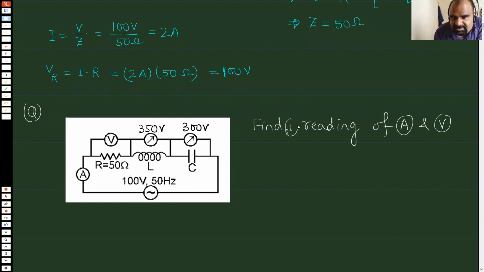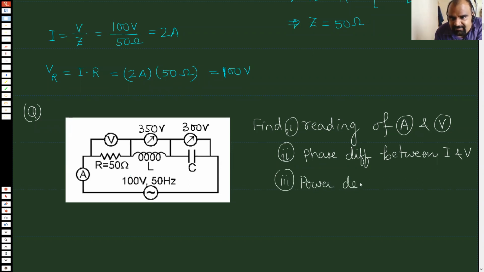Second part, find the phase difference between current and voltage. Third is the power delivered by the AC source.